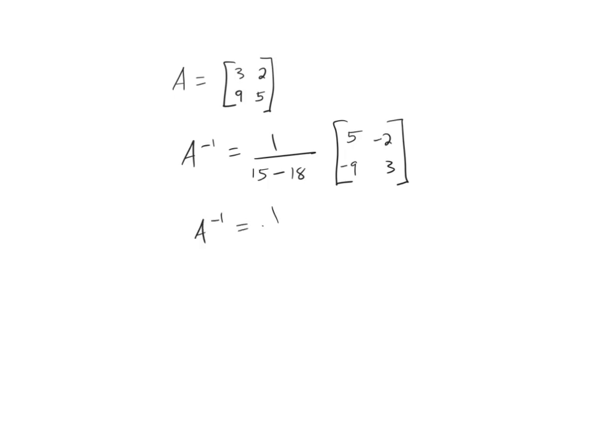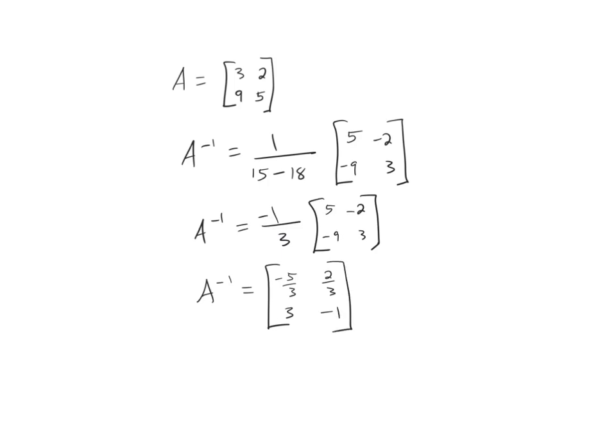For my downs minus my ups, I get 1 over negative 3, that's negative 1/3, times this matrix. And when I multiply negative 1/3 times all of the elements, my final answer is negative 5/3, positive 2/3, positive 3, and negative 1. And that is the inverse.